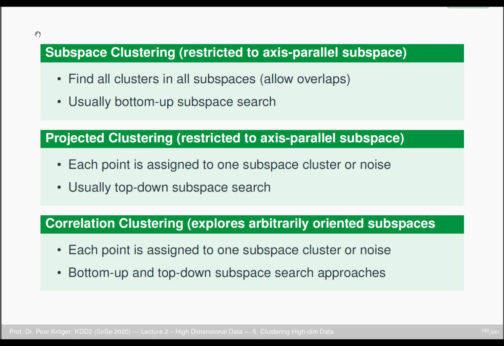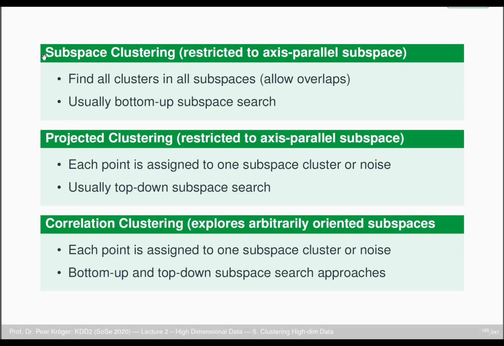Most of the literature follows this taxonomy, but there are some inconsistencies, so just so you know about that. If you look in the literature and it's a little bit inconsistent with what we have termed here, don't get confused.